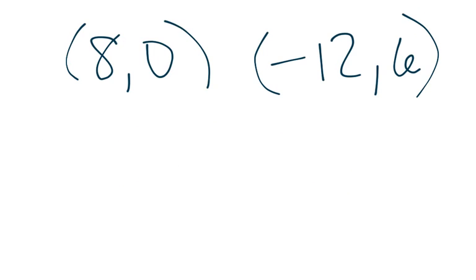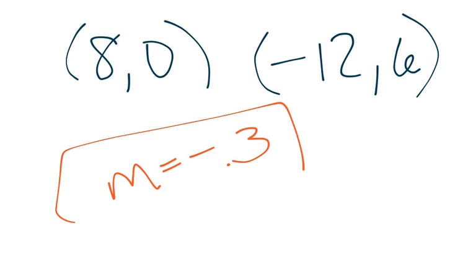So here's another one, Stat Edit. My L1 is 8 and -12. L2 is 0 and 6. Stat Calc 4. Go down to Calculate, Enter, and M is equal to -0.3. It stops. It's what we call a terminating decimal, so you just write that, and that's all there is to it.